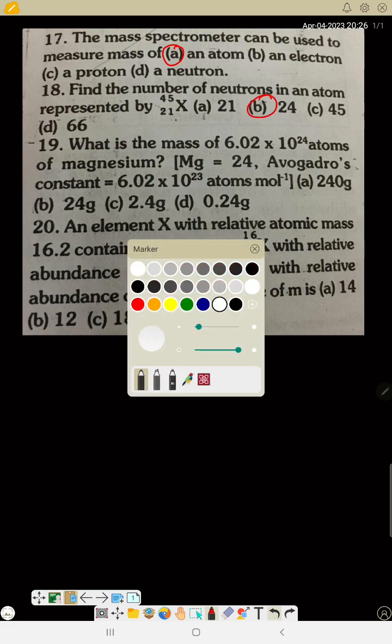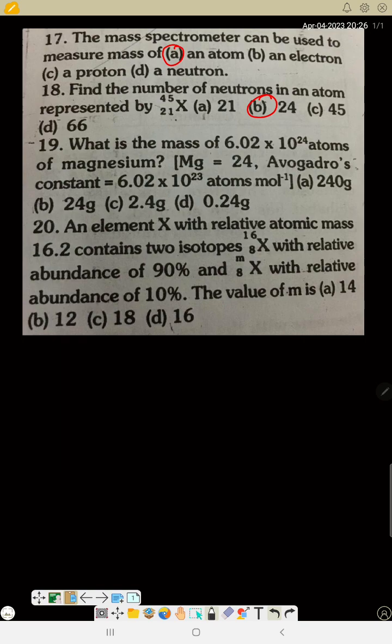Now the third one. Number 19. What is the mass of 6.02 times 10 raised to the power 24 atoms of magnesium?